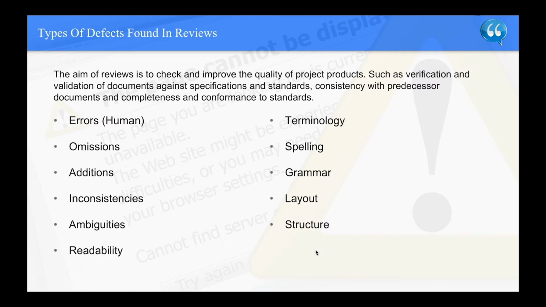Basically, errors are related to humans, so humans make errors, omissions, additions, inconsistencies, ambiguities, and problems with readability, terminology, spelling, grammar, layout, and structure. Those are the key things that you look at when you're doing a review.